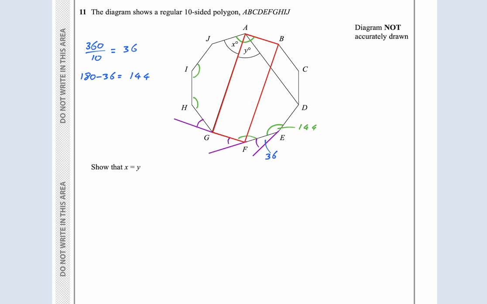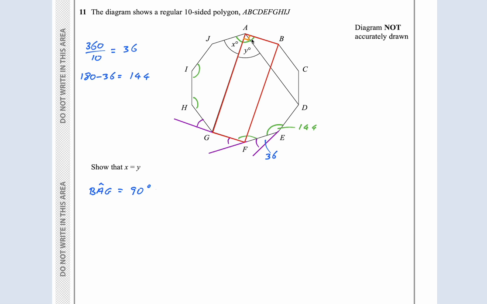So this here is a right angle. Now, in a show that question, guys, you have to explain what you're doing. So, well, this is self-explanatory, especially on the diagram, but I want to say that angle BAG is equal to 90 degrees there.